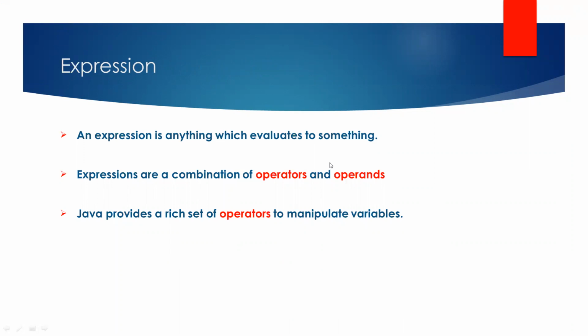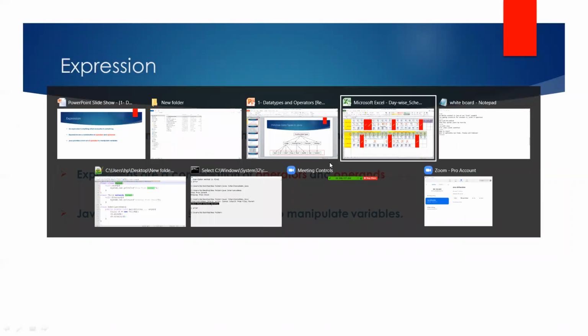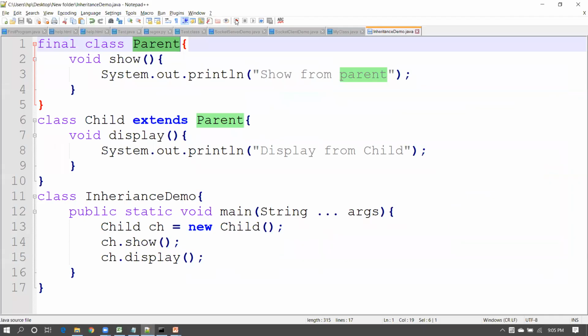So what is an expression in programming? An expression is anything which evaluates to something. So if you write any statement in your program, and if it gets evaluated, then that is called an expression. For example, here is my code.